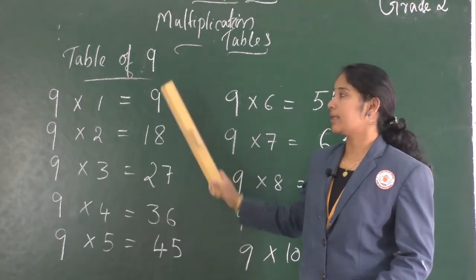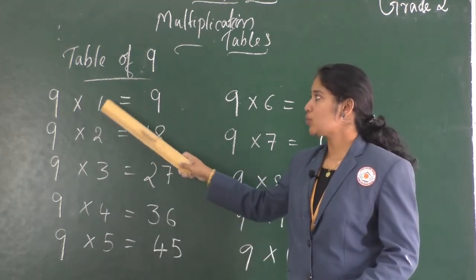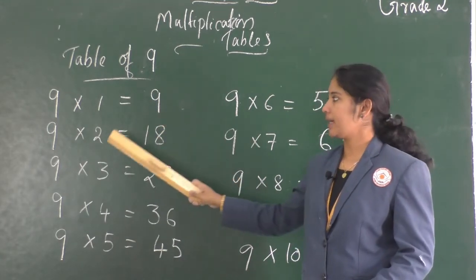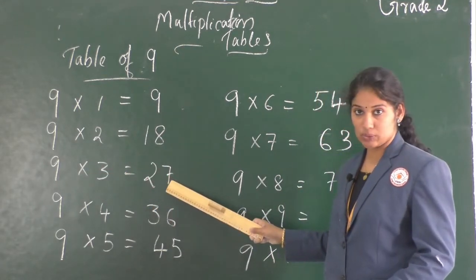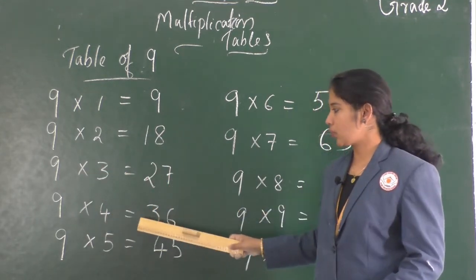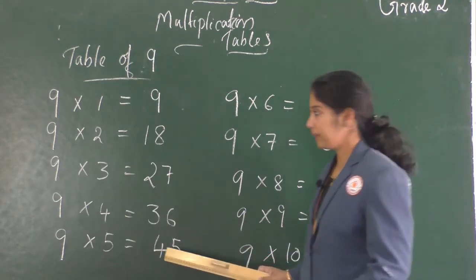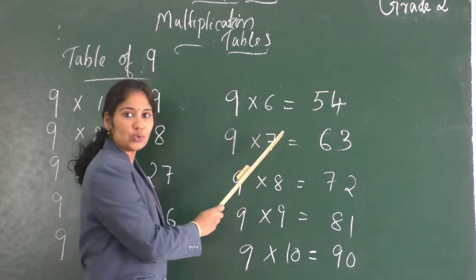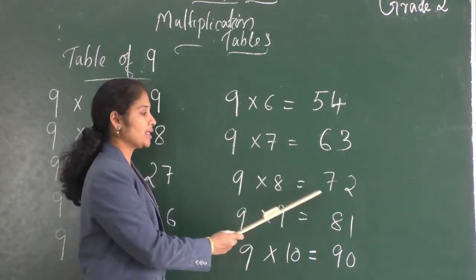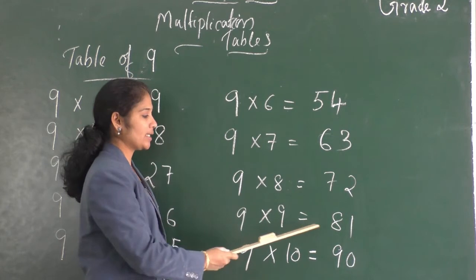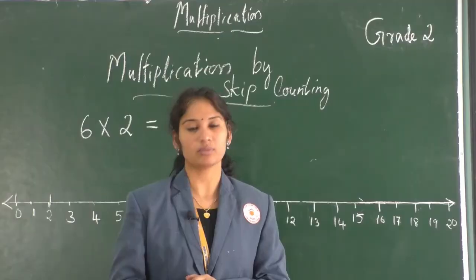Children, now we can learn our last table of 9 in this chapter. 9 into 1 is equal to 9, 9 into 2 is equal to 18, 9 into 3 is equal to 27, 9 into 4 is equal to 36, 9 into 5 is equal to 45, 9 into 6 is equal to 54, 9 into 7 is equal to 63, 9 into 8 is equal to 72, 9 into 9 is equal to 81, 9 into 10 is equal to 90.